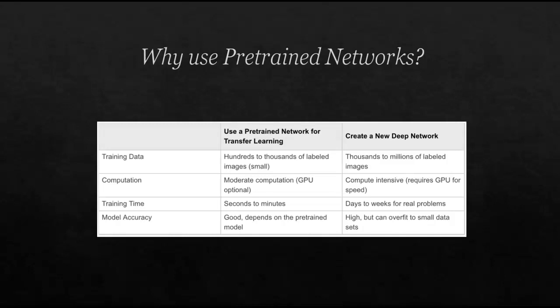They can moderately be computed using a GPU, with seconds to minutes in training, and the accuracy depends on the pre-trained model. So model accuracy, training time, computation, and training data are the key reasons that are important for training a network.